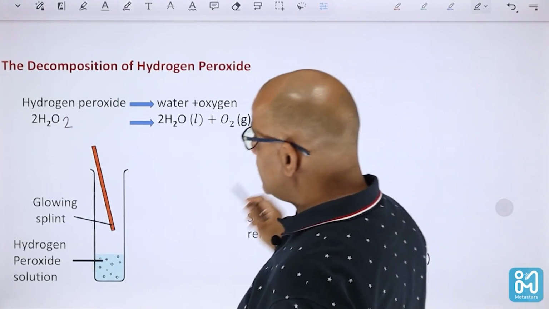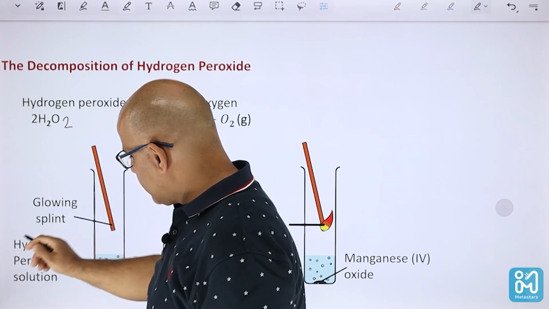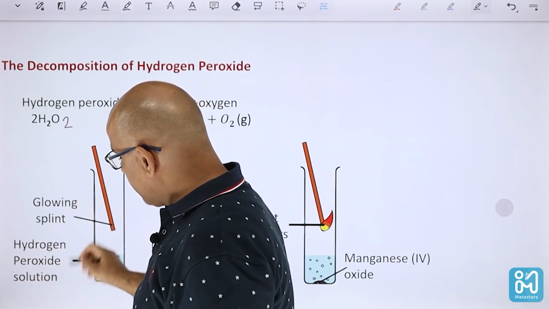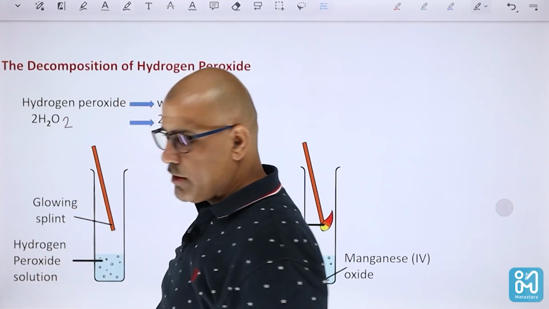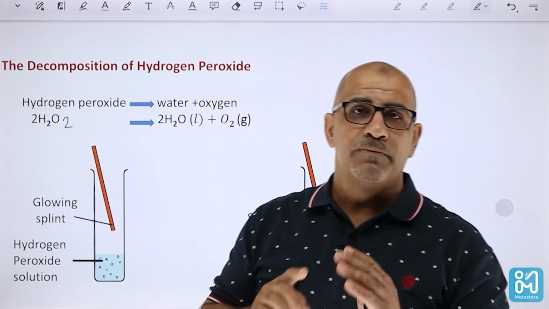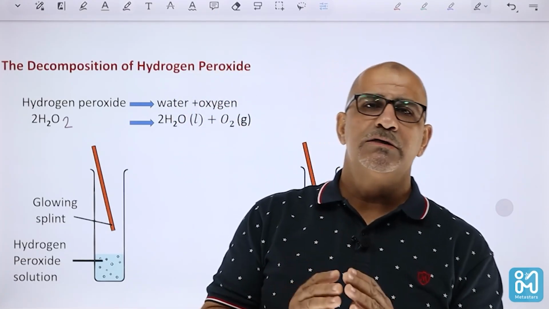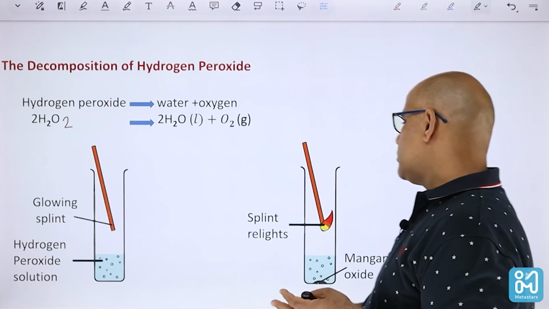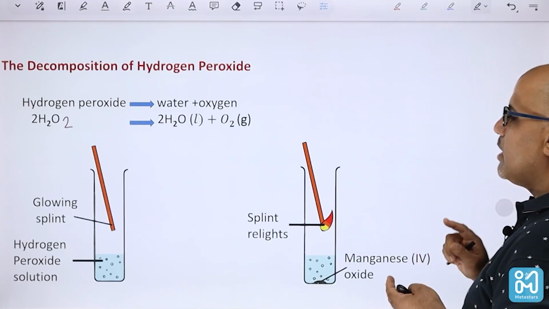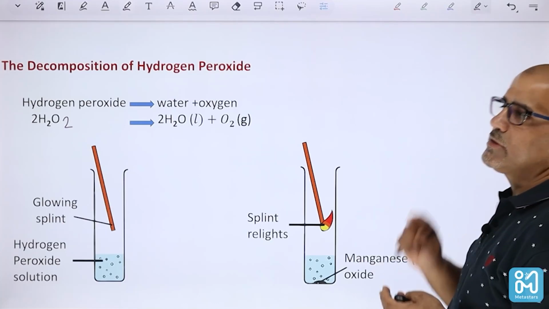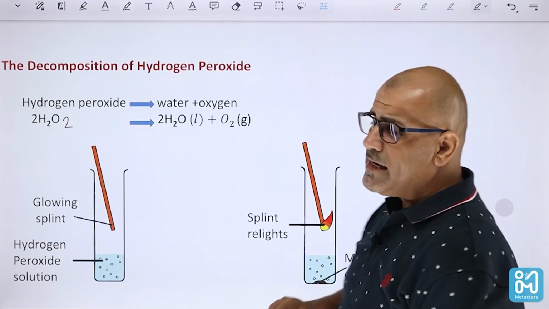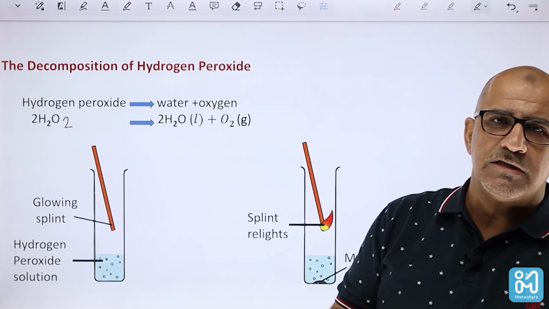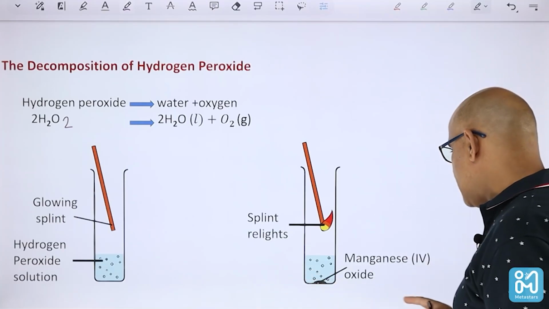This will be slow without the presence of the catalyst, without iron. And you know why I select iron? Because the transition metals are used as a catalyst. You can use manganese oxide, iron oxide, iron, any transition metal or transition metal compound will catalyze this.